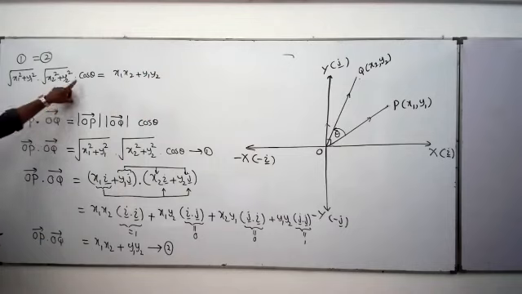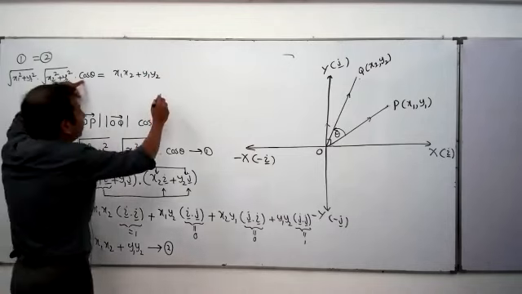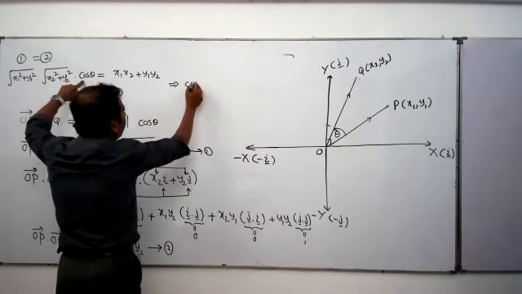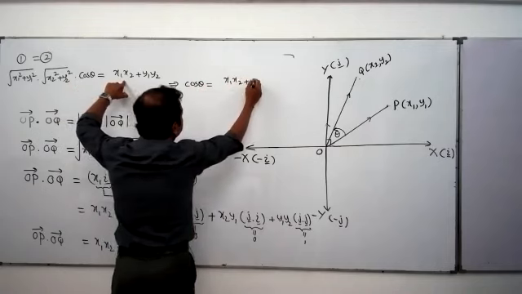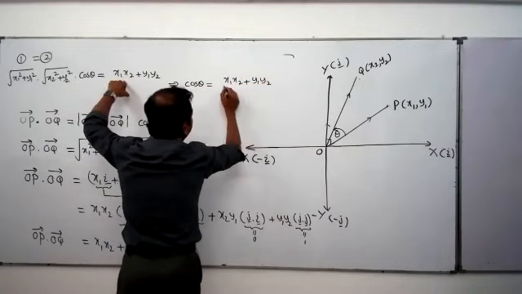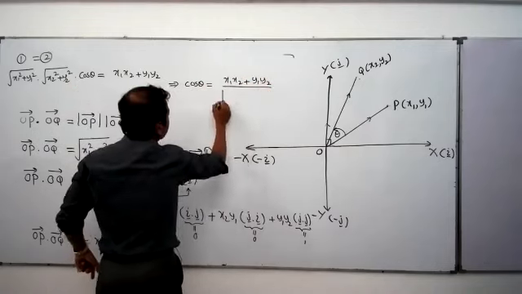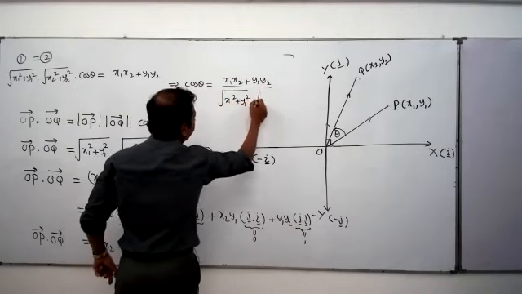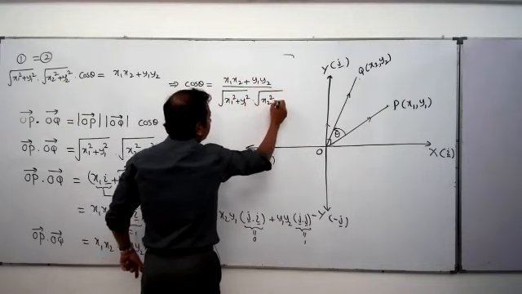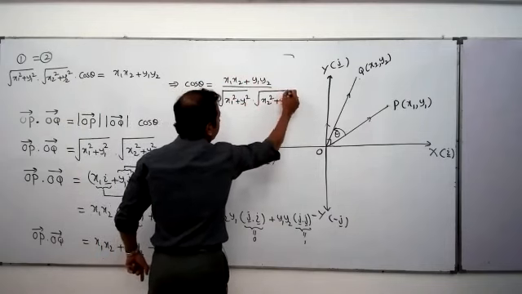Then we can make cos theta the subject. Cos theta is equal to x1 x2 plus y1 y2, divided by the square root of x1 squared plus y1 squared times the square root of x2 squared plus y2 squared.